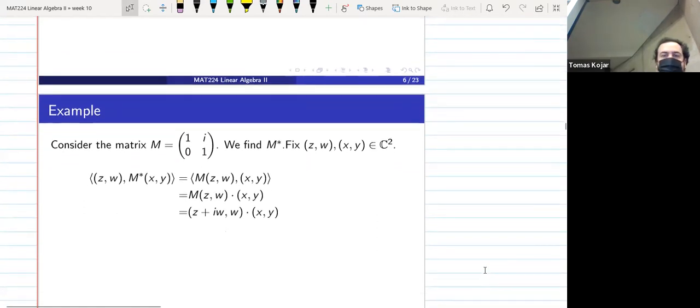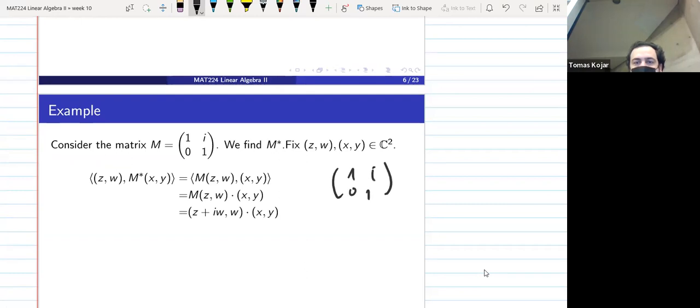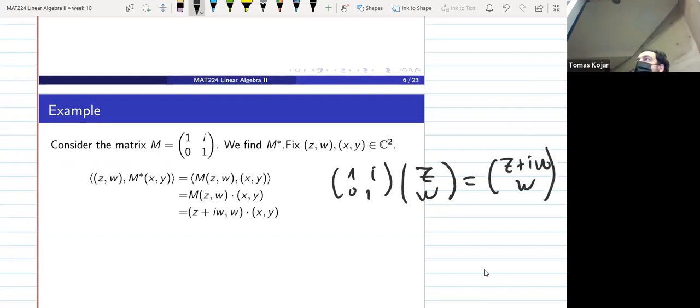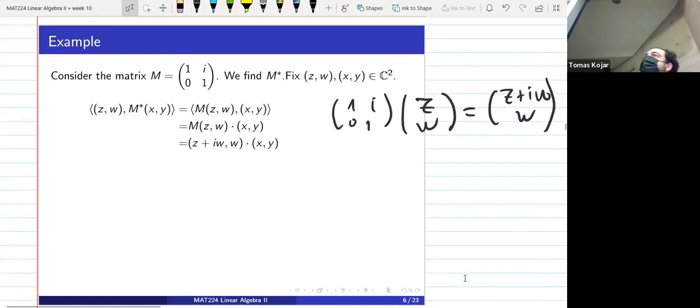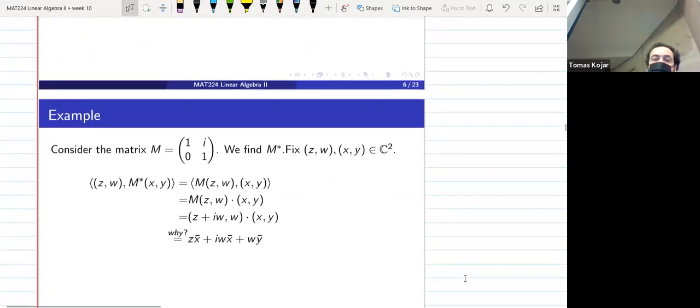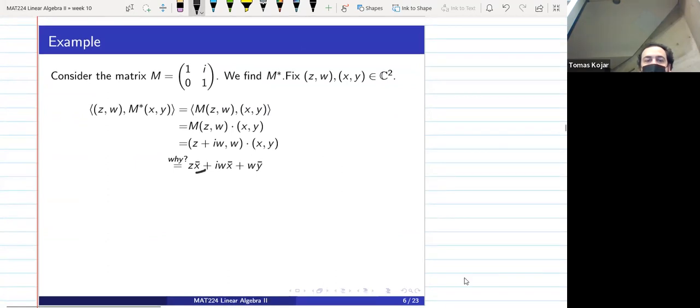I computed the matrix [1, i; 0, 1] times (Z, W), which is (Z plus iW, W). That's how I get the vector. And here we have to compute this Hermitian dot product. This is not Euclidean, so since it's Hermitian, you pick up bars.